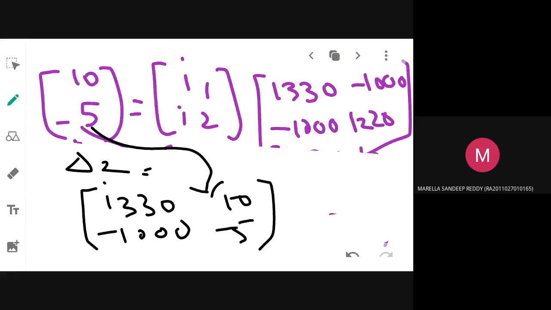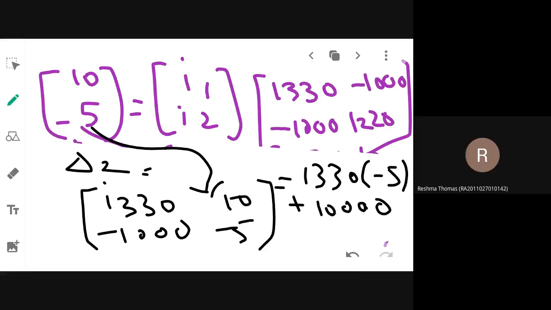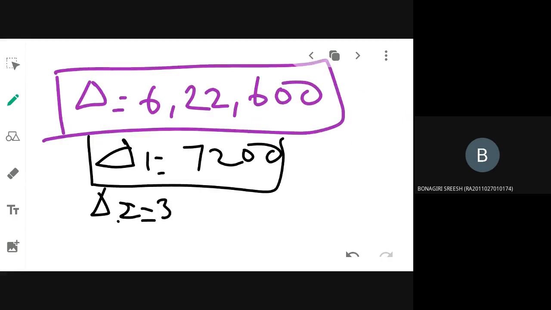Then again I have to take the determinant. So the answer is 1,300 into minus 5, then plus 3,000. What is the answer? 3,350. Correct. So del 2 is 3,350.